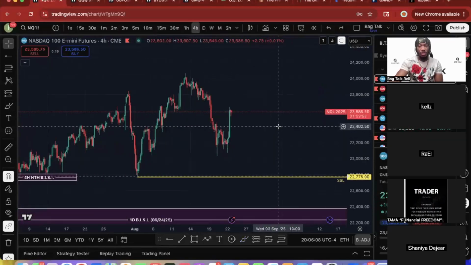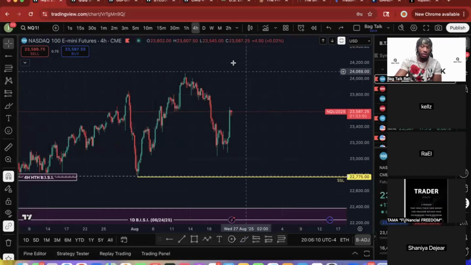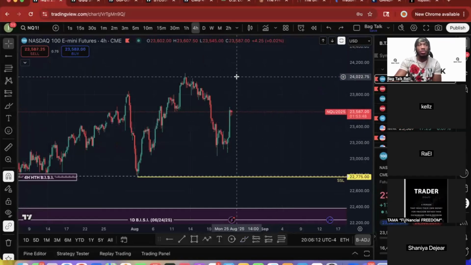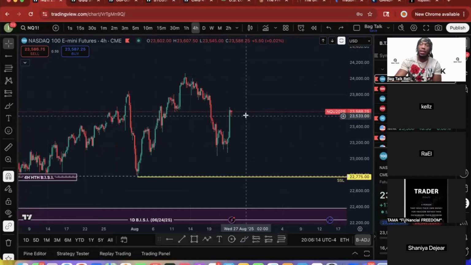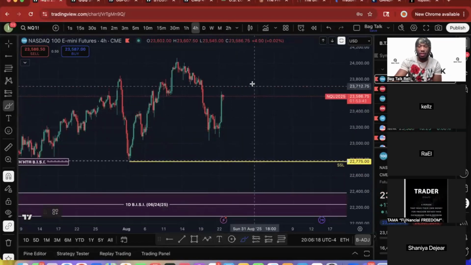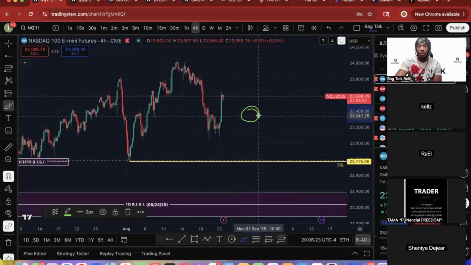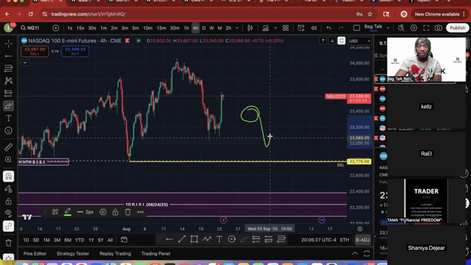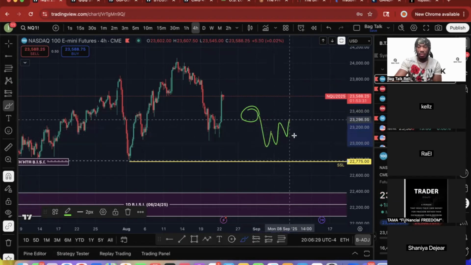Ursula said even with NVIDIA's earnings, and I didn't even know NVIDIA had earnings. To me, that depends on where NASDAQ sits before NVIDIA has earnings. For example, let's say NASDAQ was sitting smack in the middle before NVIDIA's earnings. It can make an impulsive move down here and tease these lows and still trade back up.